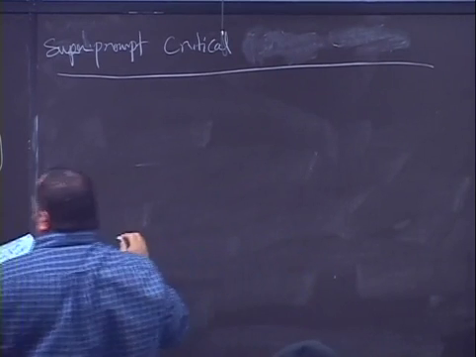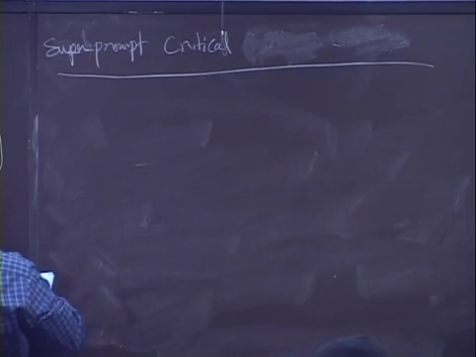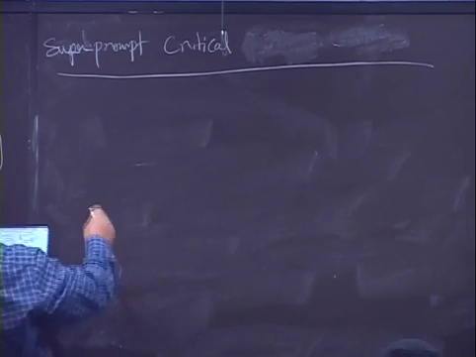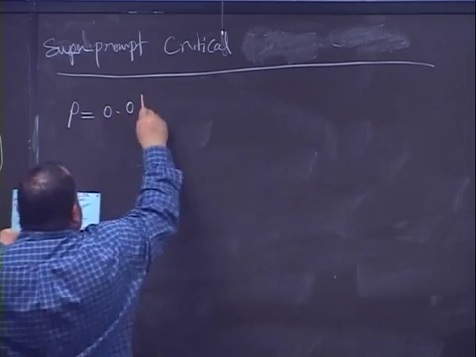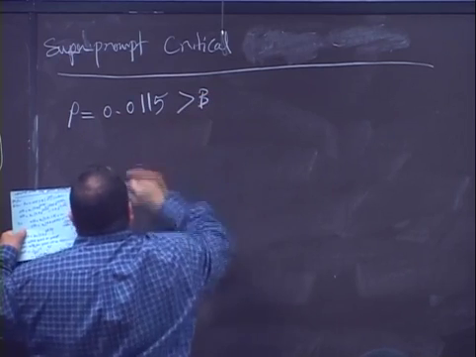In this case, let's assume that rho is equal to 0.0115, which is greater than what? Beta.